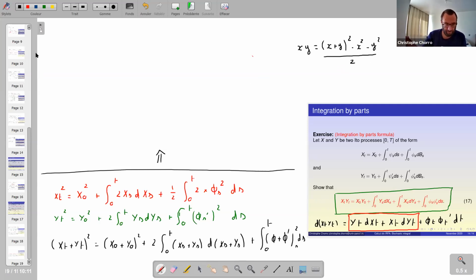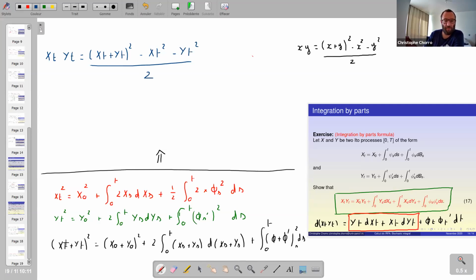But if I do this, I obtain here x_t y_t using this one. Let's write it one time: (x_t plus y_t) square minus x_t square minus y_t square, over 2.